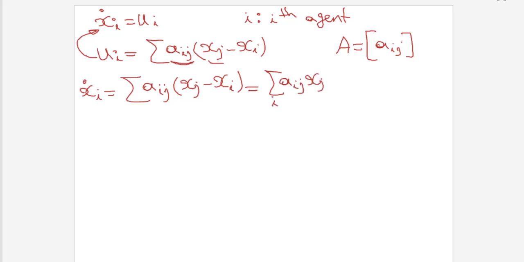That is the sum of aij xj, on j, minus the sum of aij xi, on j.